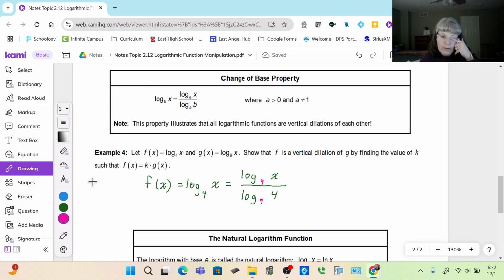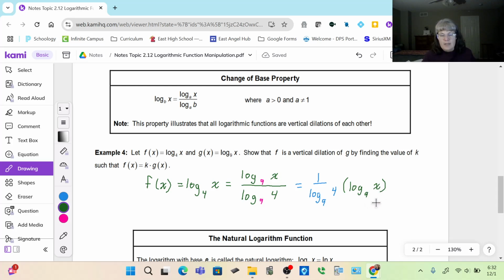Well, it's just a matter of writing it in another form, writing it using a rational expression. So this log base 9 of 4 can be written as 1 over log base 9 of 4. And we're going to take that times log base 9 of x.